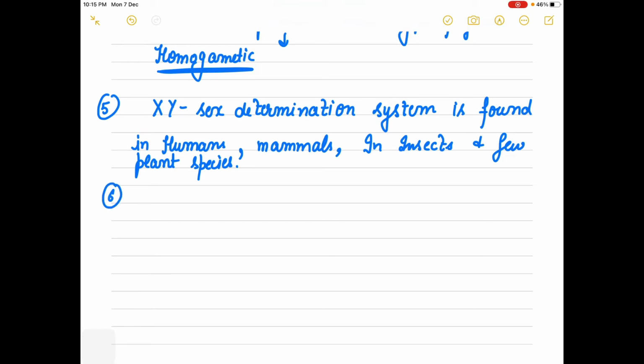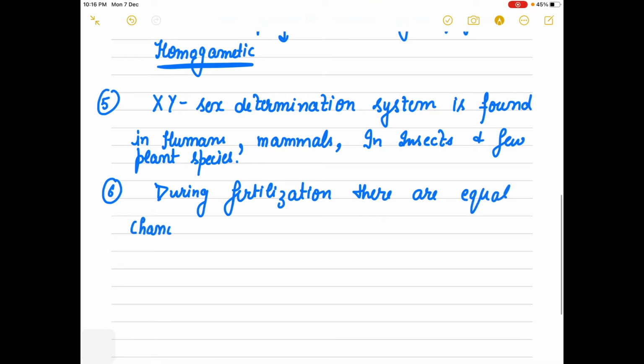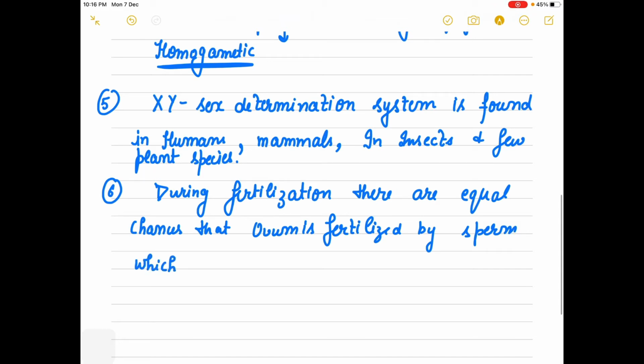Now, during fertilization, because there is a fusion of male and female gametes, there are equal chances that the ovum is fertilized by a sperm having an X chromosome, right?